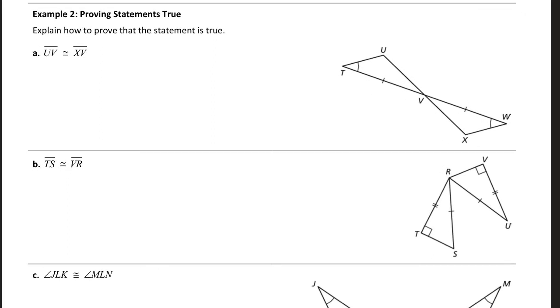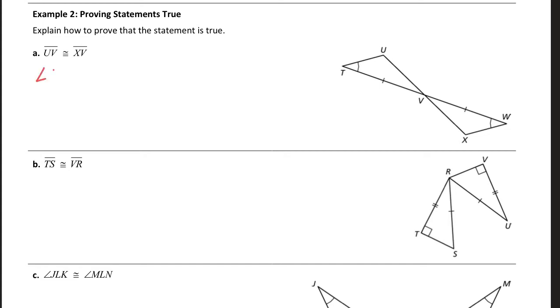So the main thing we're doing here is that we are looking at, in example 2, how to prove that a statement is true. So you're going to learn a statement talking about corresponding parts. From our diagram, some things we know, some things we can assume.